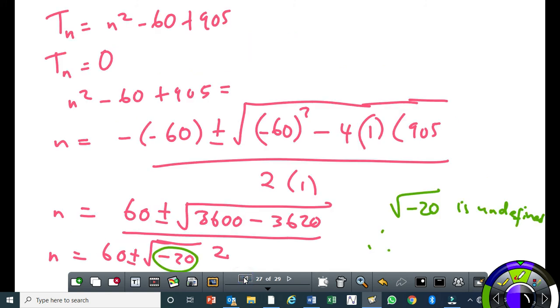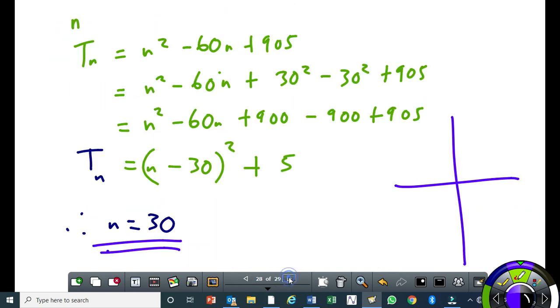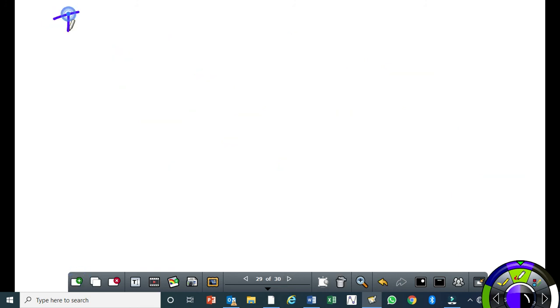Then the next question now says determine the value of the term with the lowest value. So we just substitute n equal to what? 30 into the general term. So let me do it on the next page. So we say Tn is equal to n squared minus 60n plus 905.